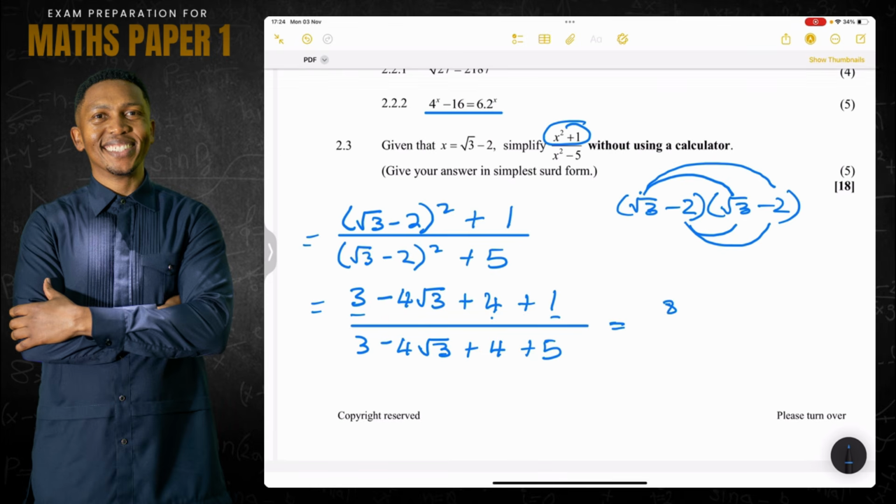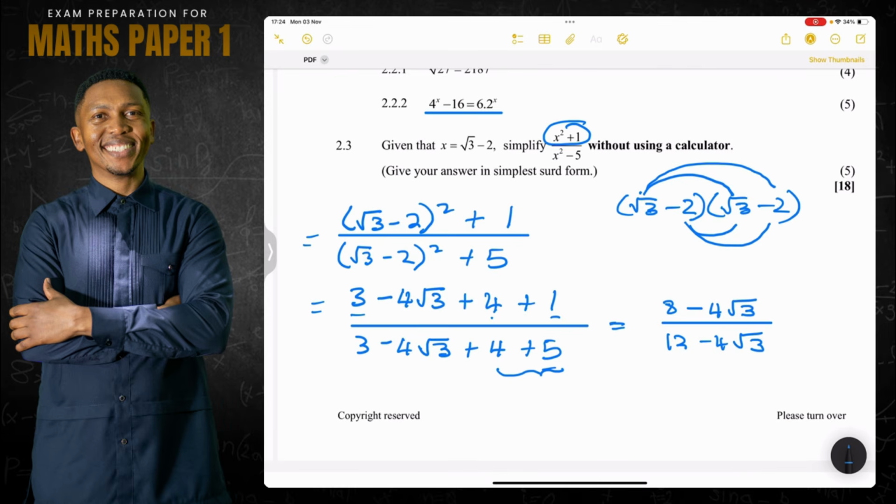So we've got 8 minus 4 square root of 3 divided by, at the bottom, I've got the 9 there, plus the 3, which will give me 12 minus 4 square root of 3.